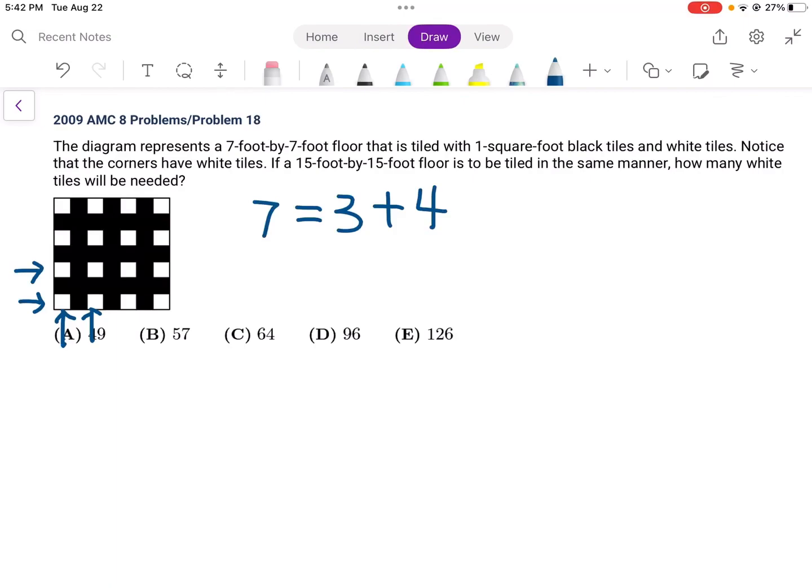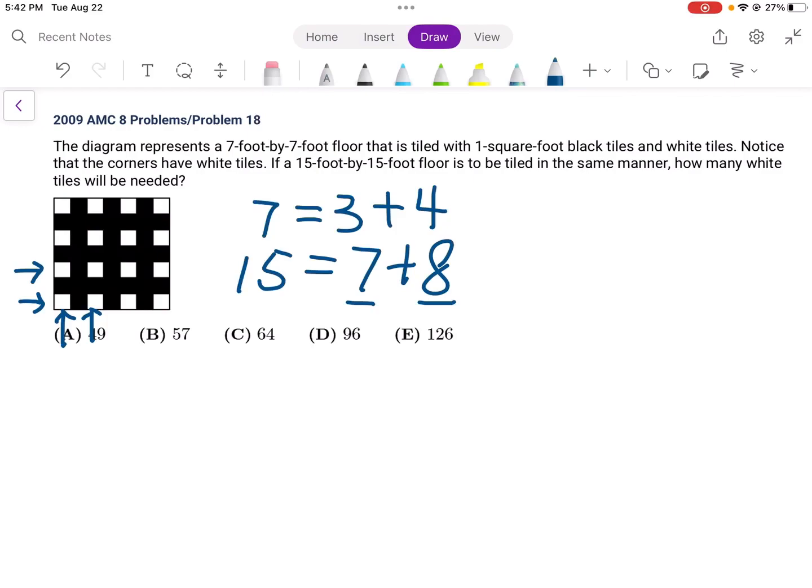So if we expand the 7-foot by 7-foot to 15-foot by 15-foot, 15 equals 7 plus 8. That means we will have 7 rows and 7 columns of black tiles, and we will similarly have 8 white tiles in every other row and every other column.